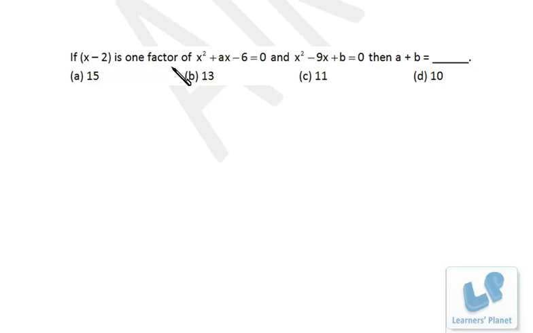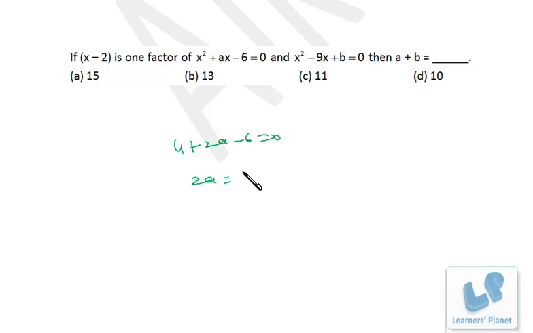Now this one, x minus 2 is factor of this and this, we have to find out the value of a plus b, right? So if x minus 2 is factor of this, then that means if you put x is equal to 2 in this equation, the value of that will be 0, right? So I put 2 instead of x, so 4 plus 2a minus 6 is equal to 0.